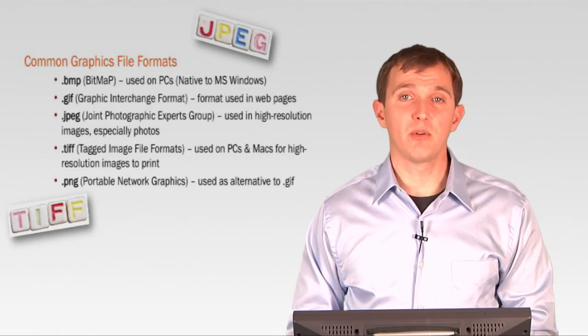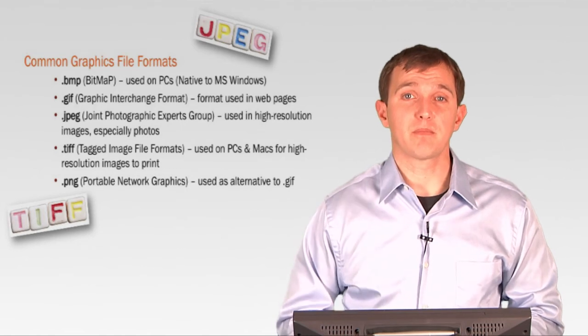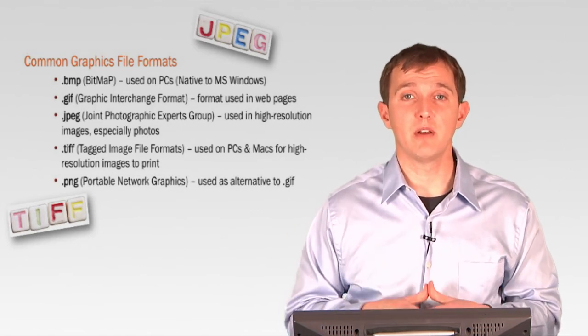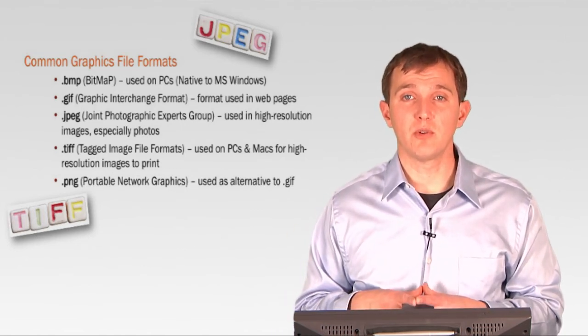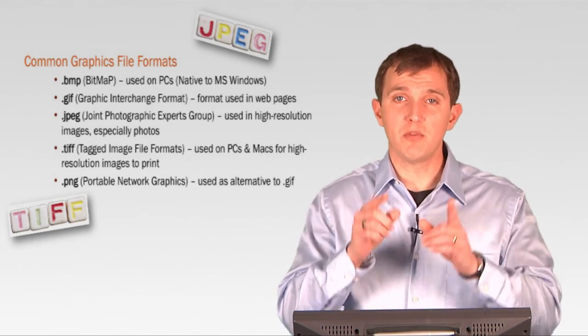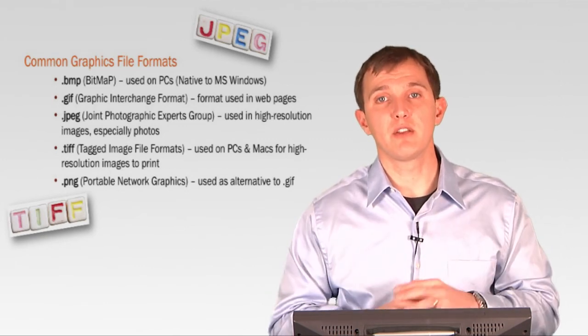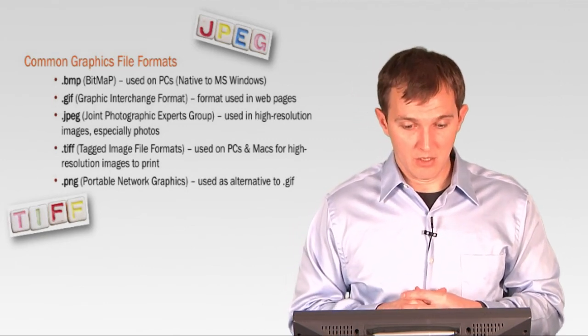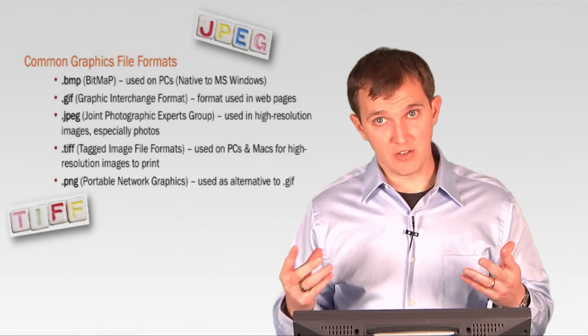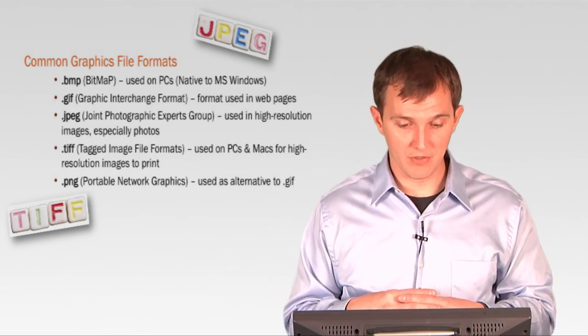It also supports animation, in that you can see a series of images that create a short animation. Also, a JPEG cannot have transparency, so it will always be either a rectangle or a square, whereas a GIF can be cut out and you can have those transparent pixels. However, GIFs are a larger file size, and the JPEG is a more compressed, smaller file size.